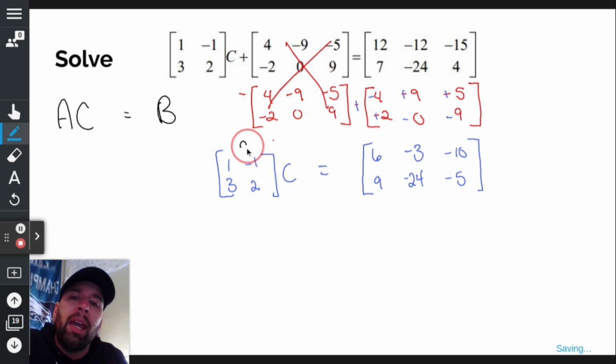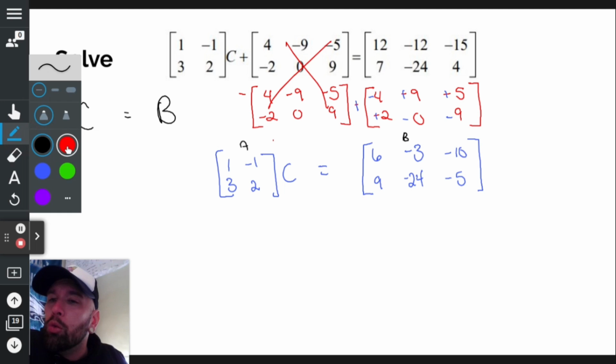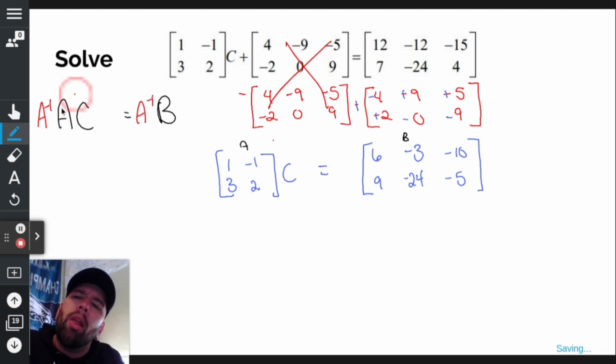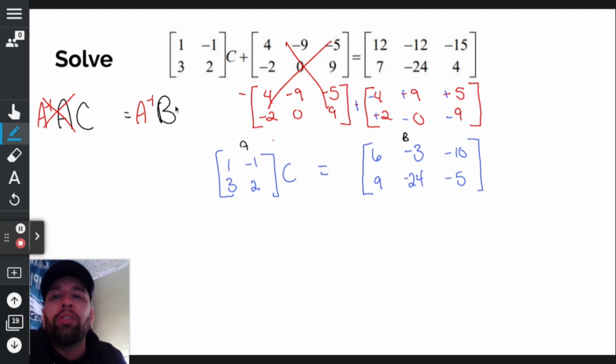You're not allowed to divide A. That's like the 15th time I've said that. You can't divide a matrix. But what you do instead is you take the inverse on the left side of both sides. That cancels that out, and now I get C equals the product of inverse A and B.